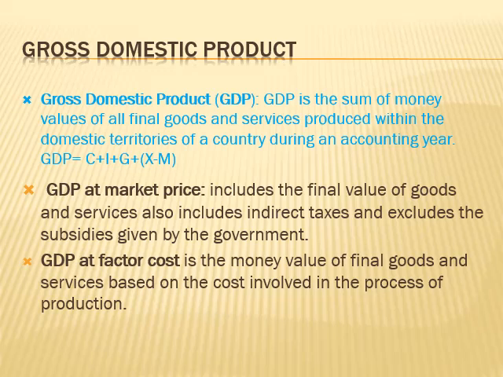GDP at market price includes the final value of goods and services plus indirect taxes, with exclusion of the subsidies given by the government.